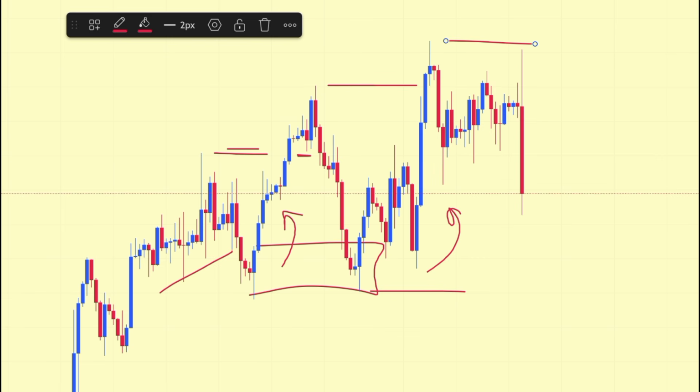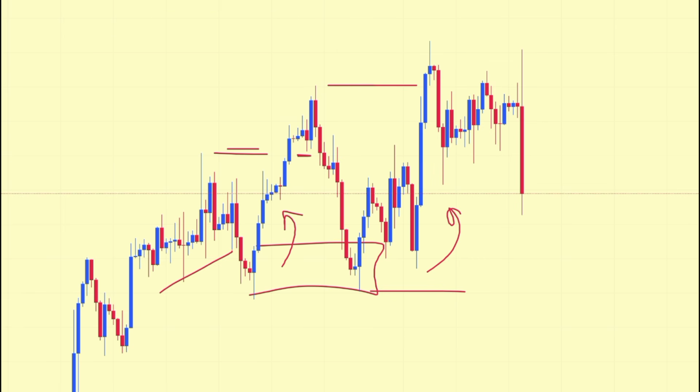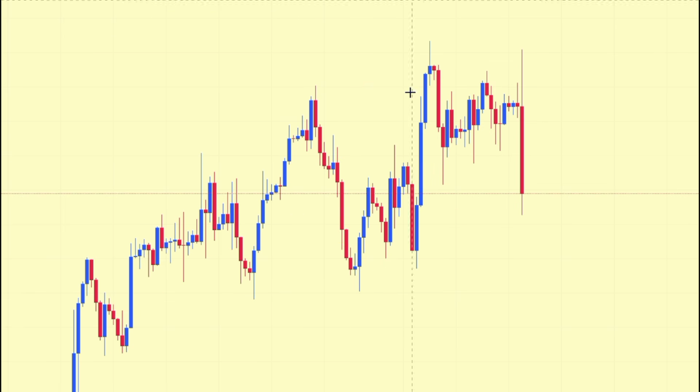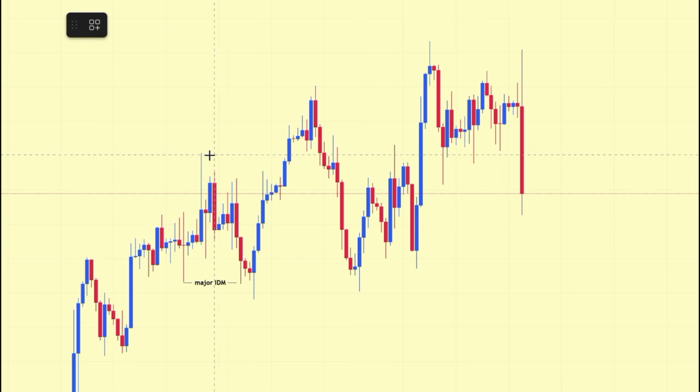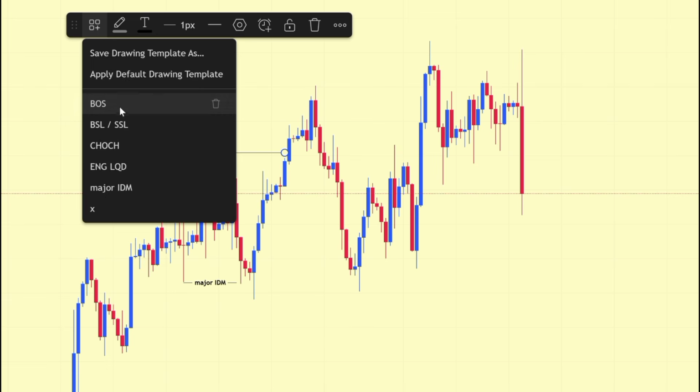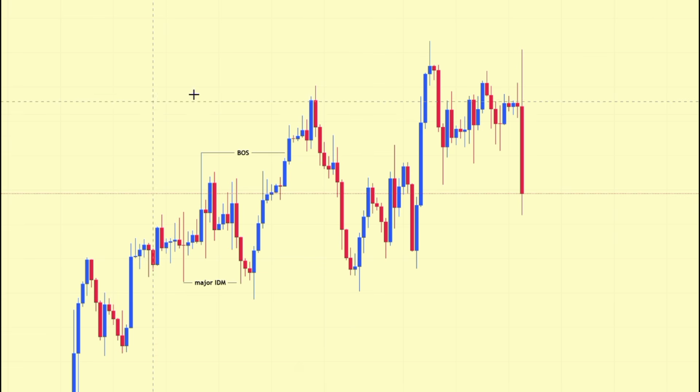Okay, so let me do this cleanly or neatly. We can clearly see exactly right here that price has taken out this major inducement. So this is what we call the major inducement, and price reversed back, making a break past this swing point high. So what does this mean? That is a bullish break of structure.